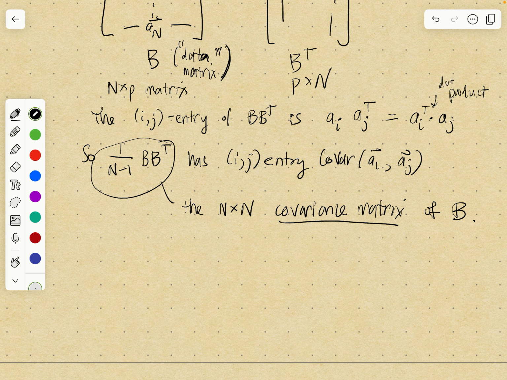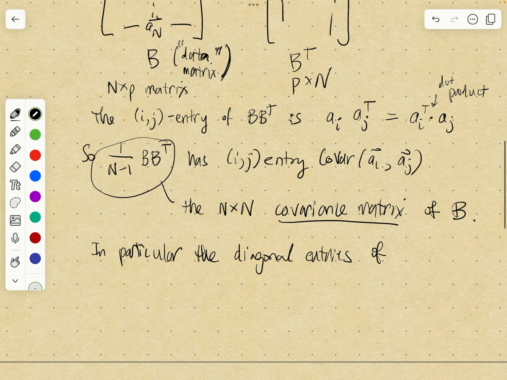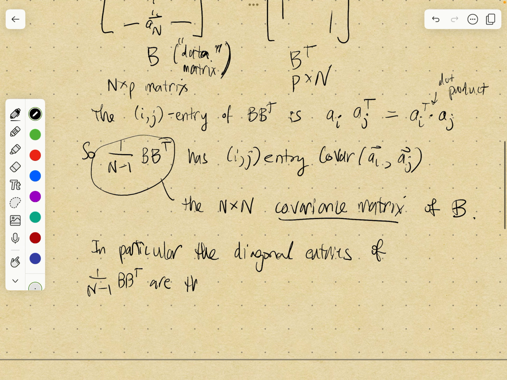In particular, the diagonal entries of this matrix are the variances of the row vectors of B.